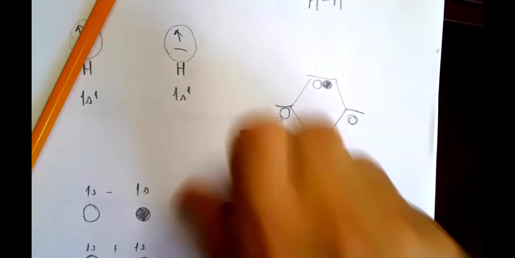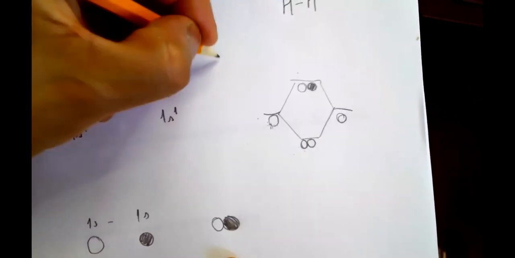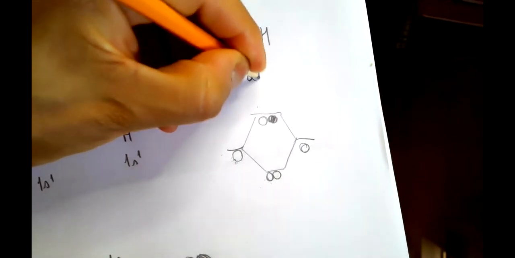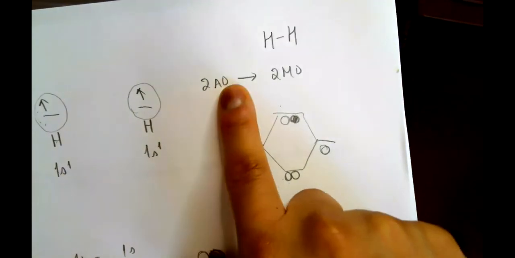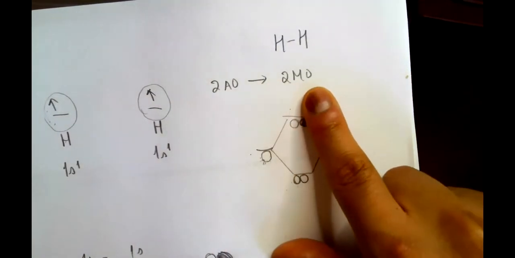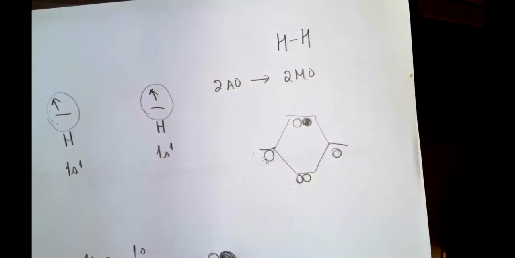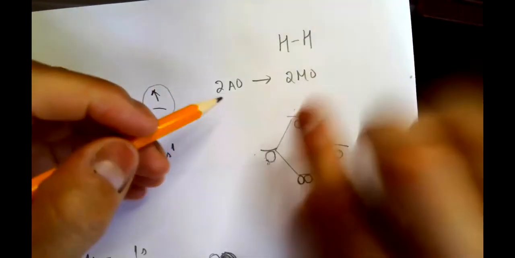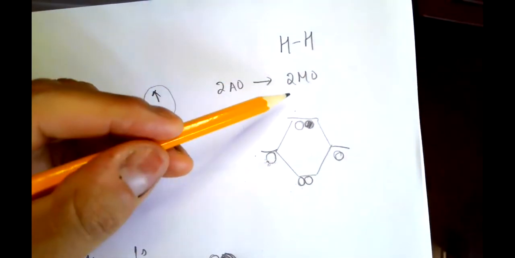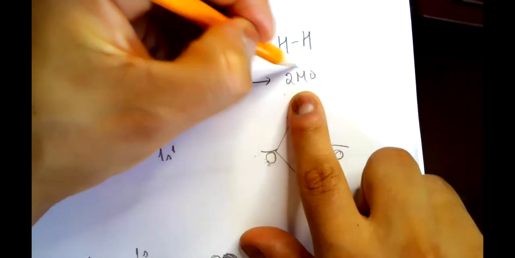So two atomic orbitals will definitely form two MOs, okay? Two atomic orbitals form two molecular orbitals. But what does the molecular orbital model say? The molecular model says that you are not going to make these two MOs identical.